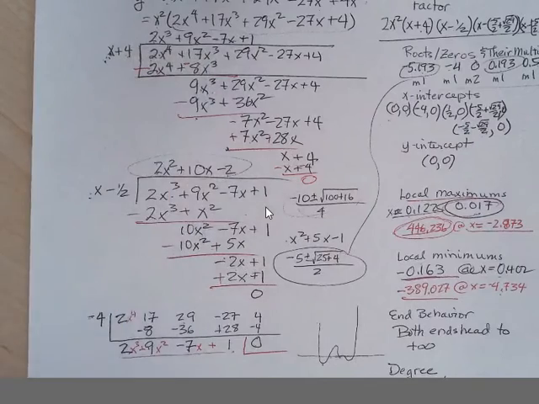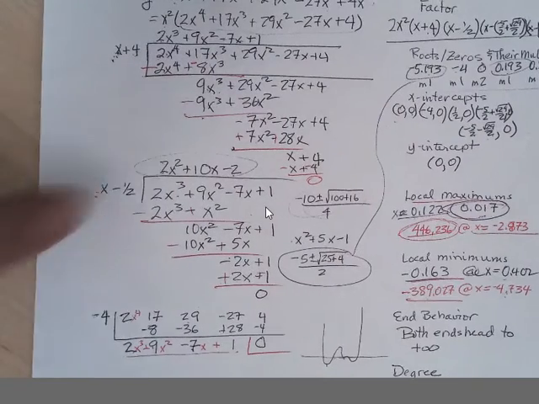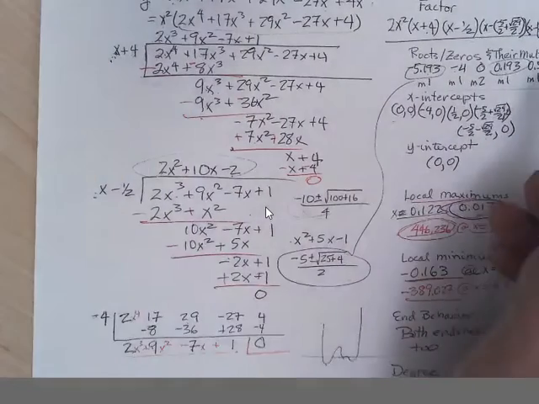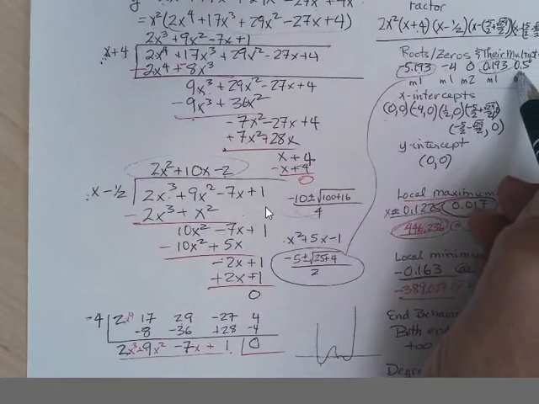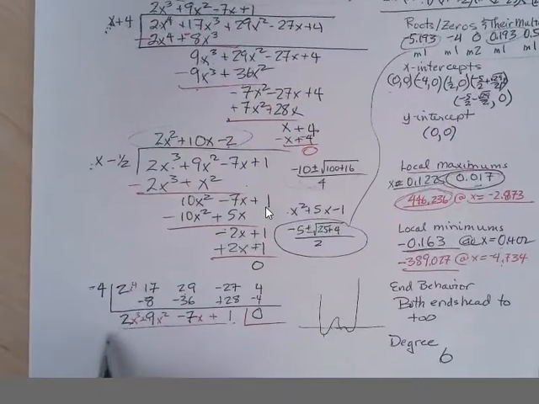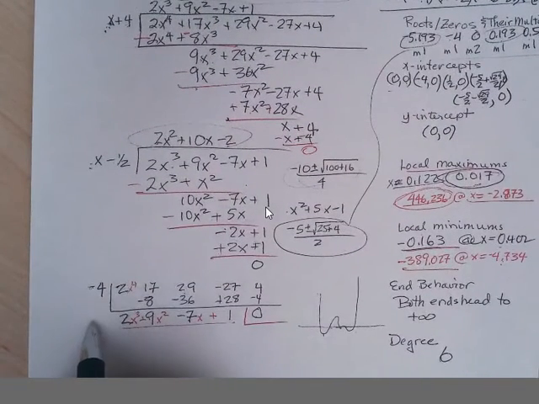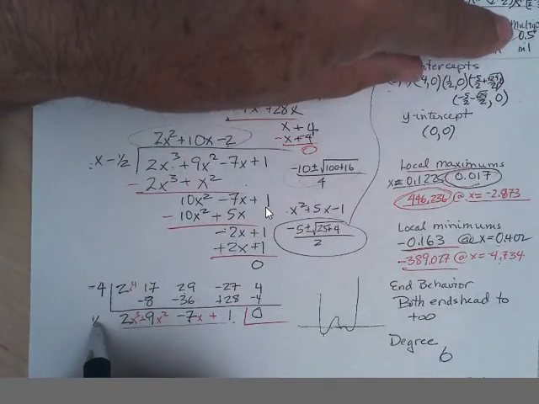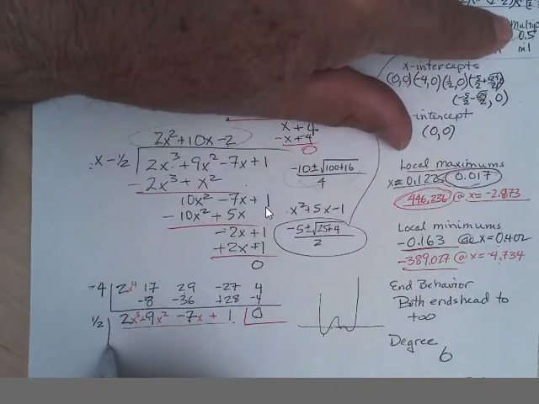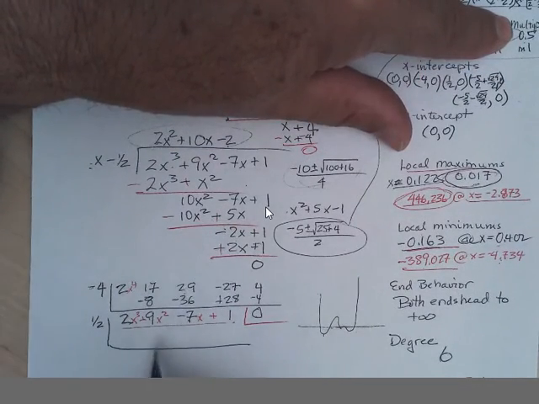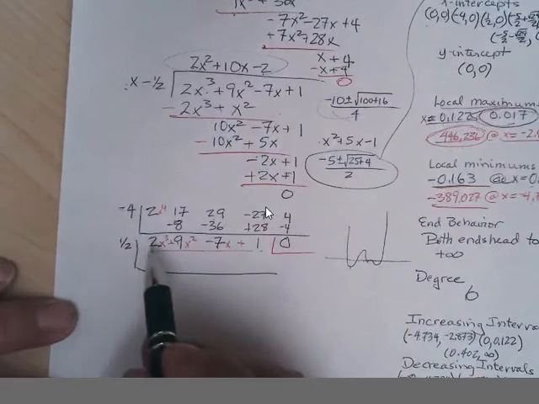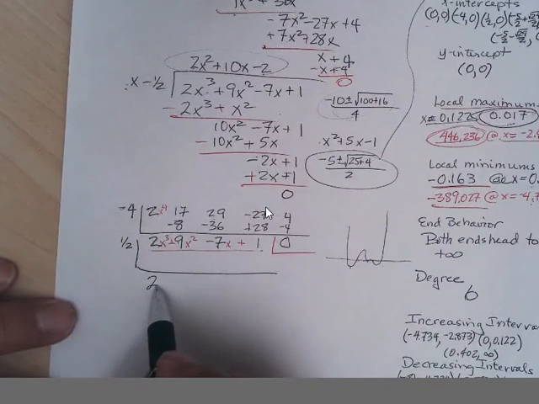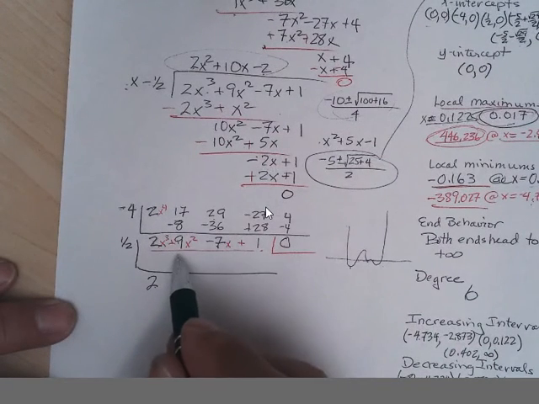There is that. Then we did x minus 1/2, or the 0 plus 1/2. So I'm going to put the 1/2 in here. The 0 was 1/2, and so I'm going to put the 1/2 in. And I'm looking now at the black, ignoring the red. And just like we did before, we brought the 2 down. We're going to bring the 2 down, multiply by 1/2, and we get 1.